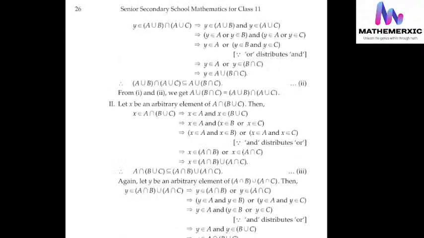De Morgan's law is important here, obviously. So De Morgan's law says that A union B complement will be equal to A complement intersection B complement, and A intersection B complement will be A complement union B complement.